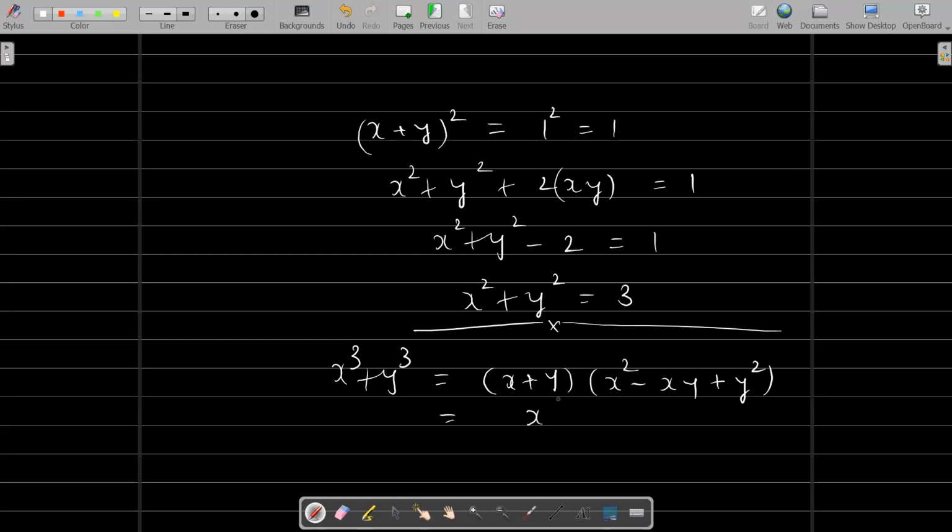So x cube plus y cube is (x plus y) into ((x plus y) the whole squared minus 3xy). Oh, okay, okay.